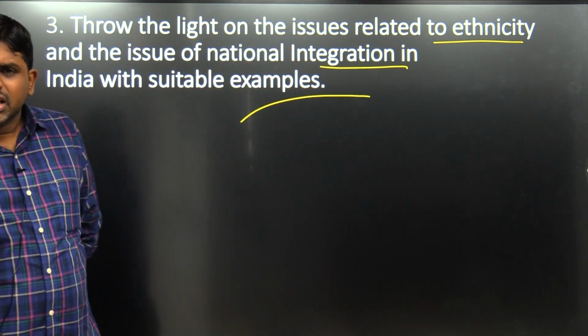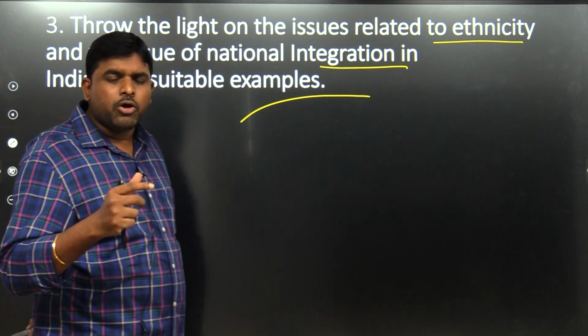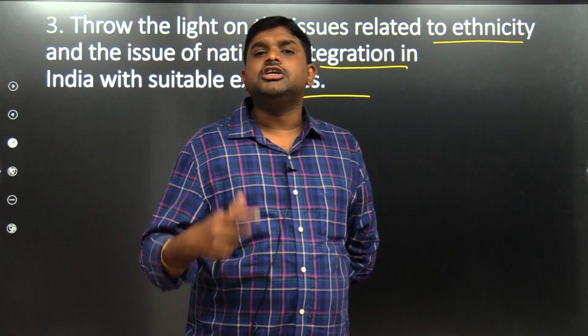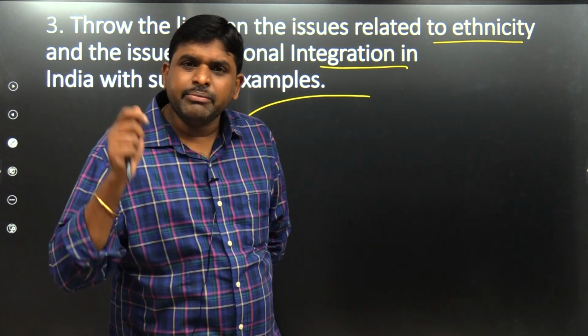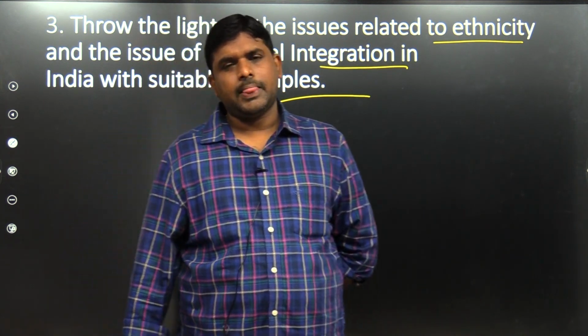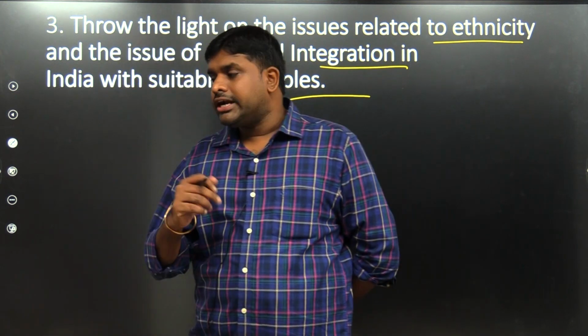So, ethnicity is a very big problem. It creates disintegration from the country. It impacts the sovereignty and the integrity of the country. So, with these examples, you can tell.